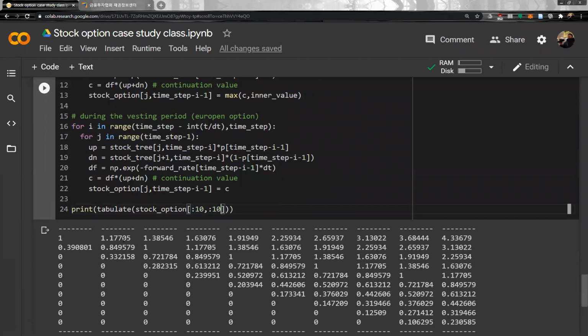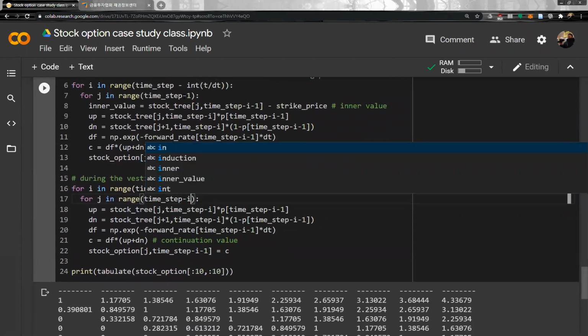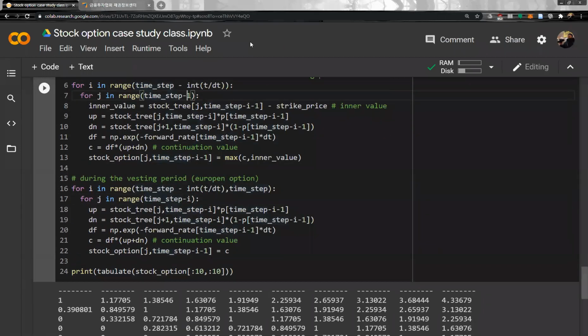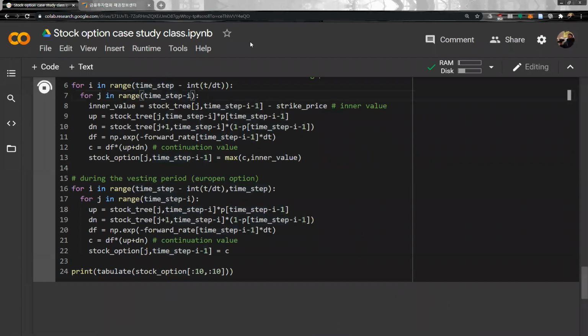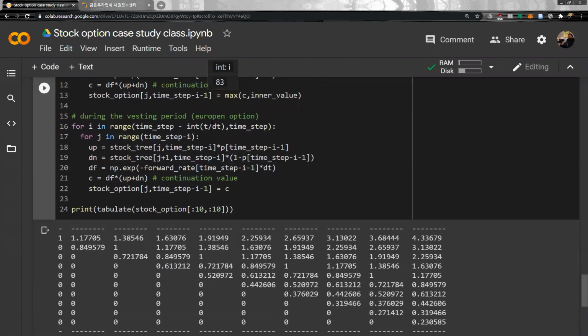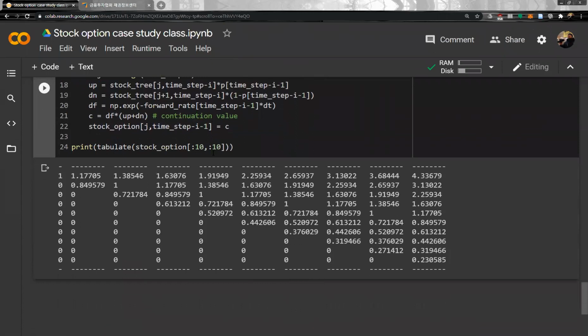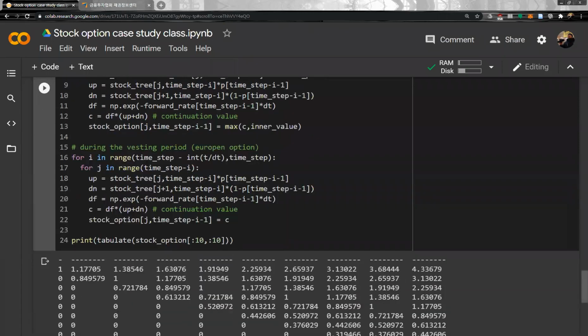Ah, there is something wrong. I am sorry, there is something wrong with my time step minus. This should be I. How about this one? This should be I. And then stock option, stock tree.